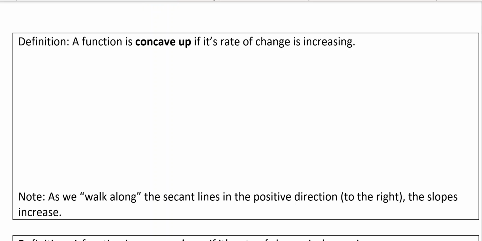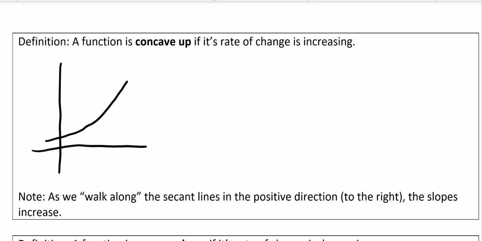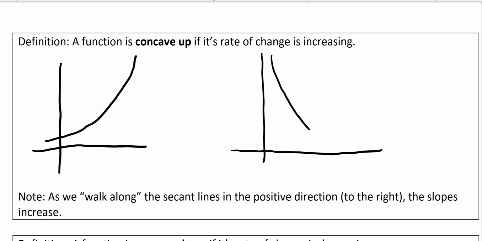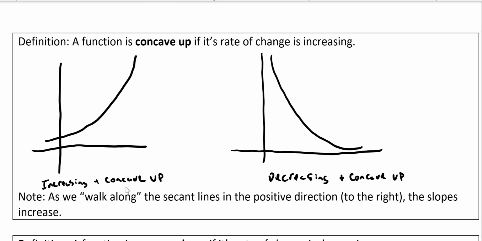And we can have two situations that are considered concave up. You could have a graph that is increasing and concave up, or you could have a graph that is decreasing and concave up. As I wrote in my note here, imagine if we shrink ourselves down and walk along this function in the positive direction.